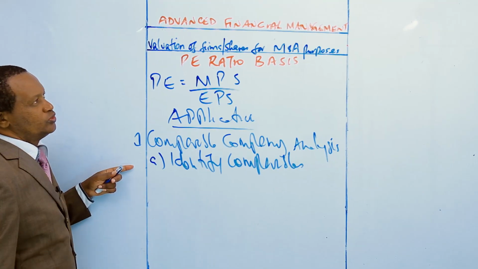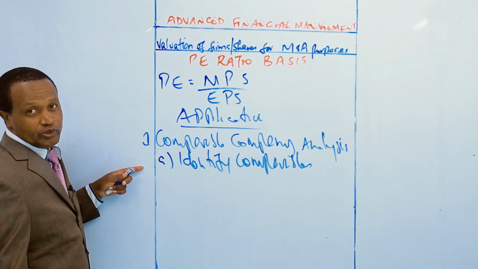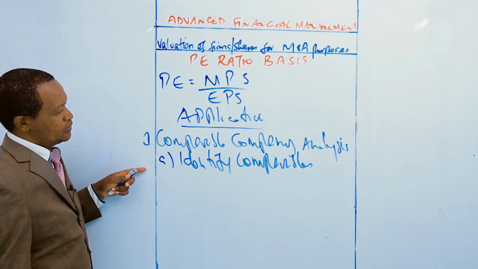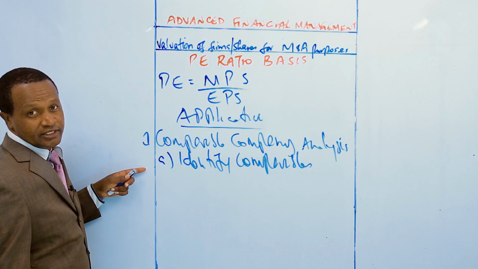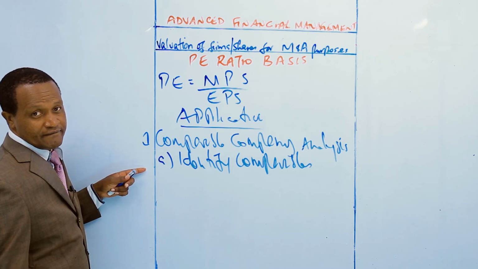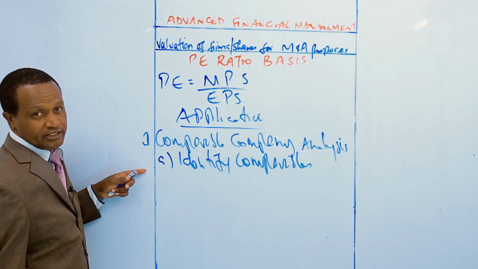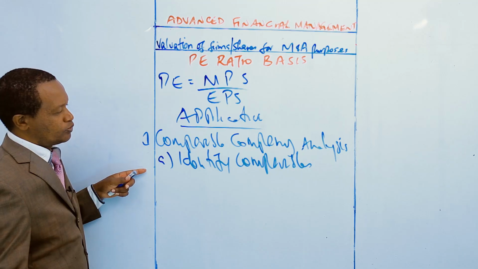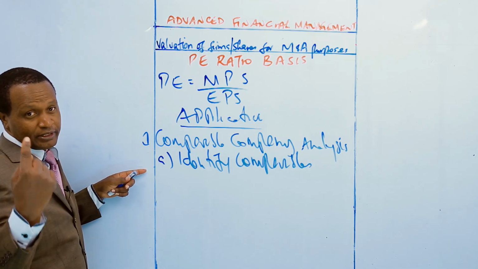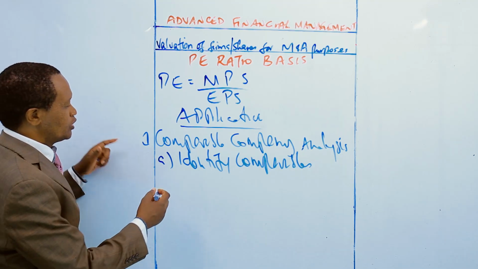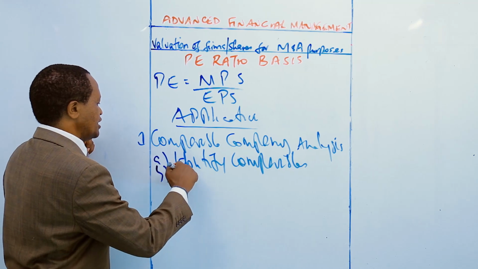So if you are to value company A, you look for companies similar to company A in terms of the size, in terms of the growth prospects, and so on. That is step number one. Then step number two is to gather data.